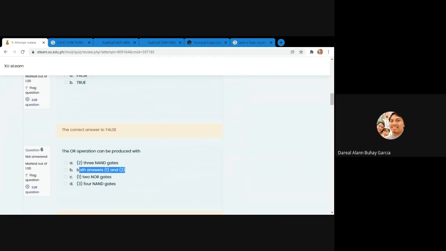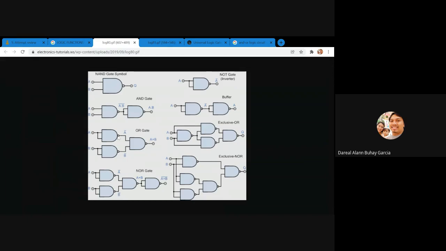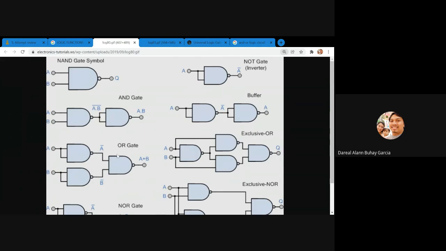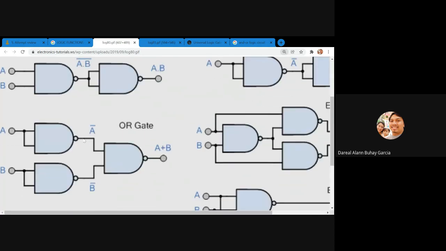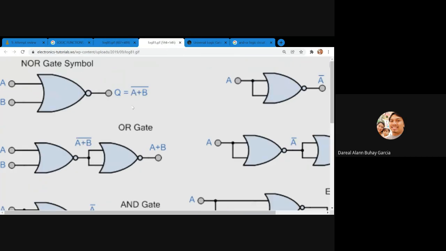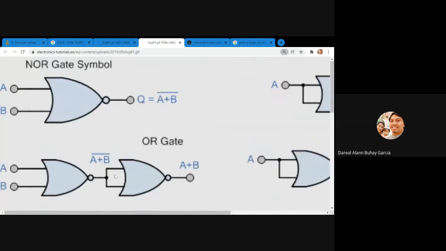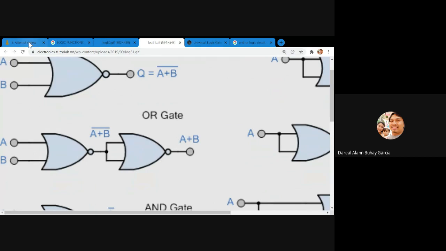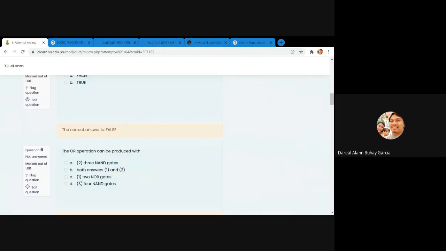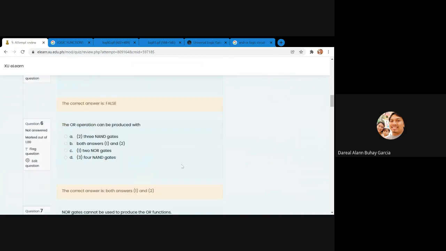Diba? Ang OR operation using NAND is 3 NAND gates. Sa NOR gates, ang OR operation is 2 NOR gates.